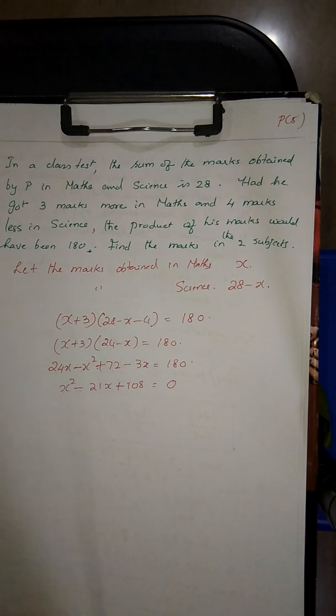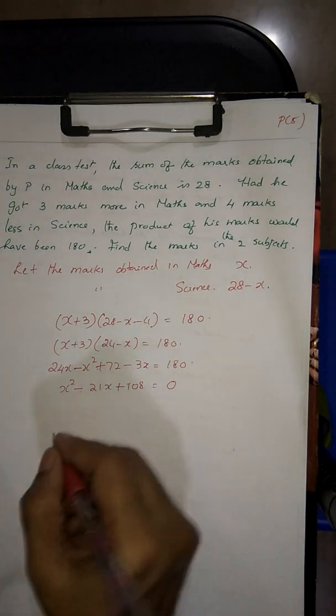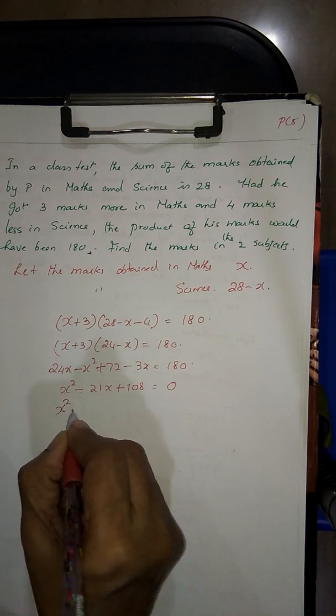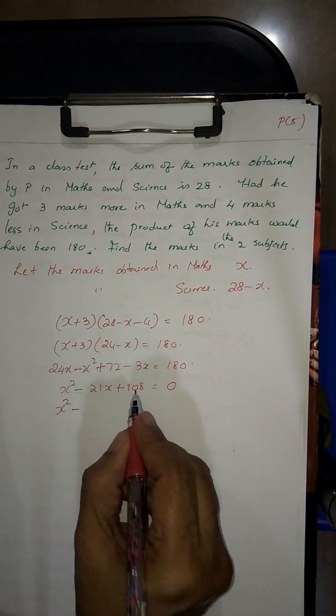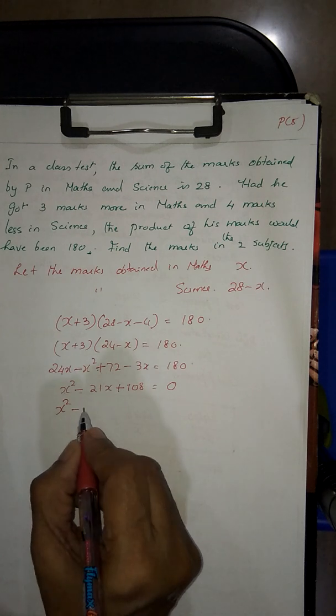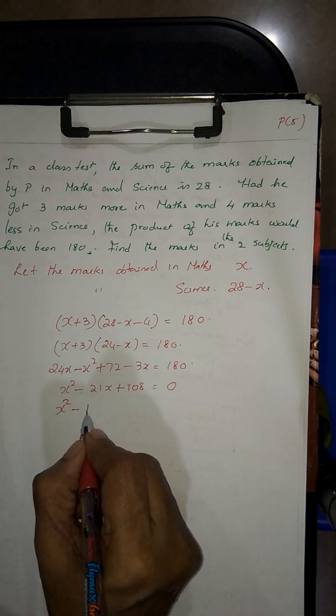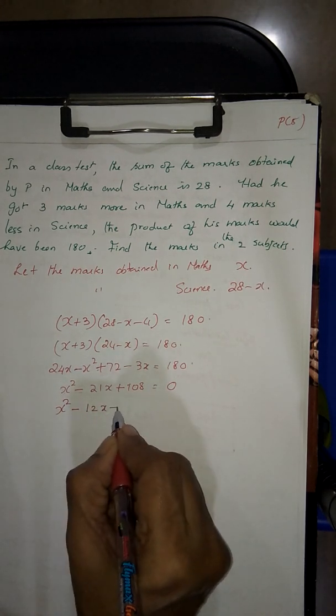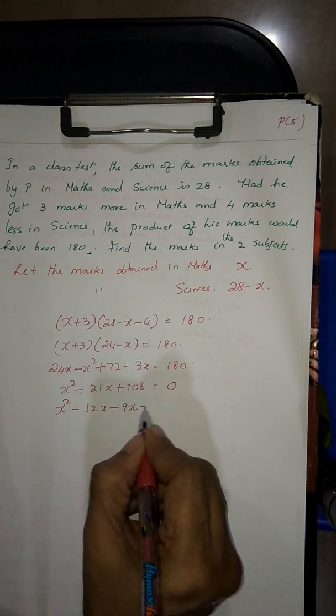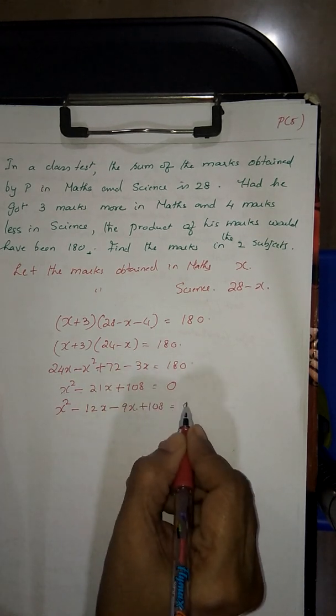Now we have to factorize this. So here it is x squared minus 12 into 9 is 108. So we'll write this as minus 12x minus 9x plus 108 is equal to 0.